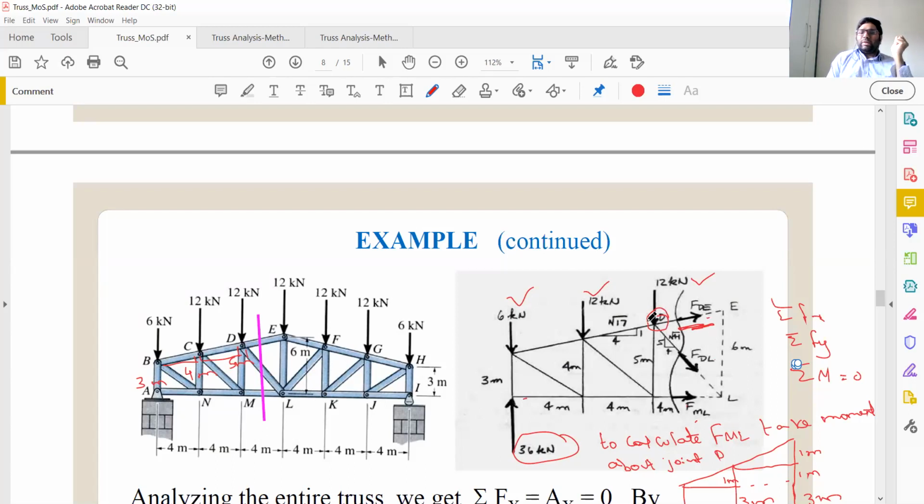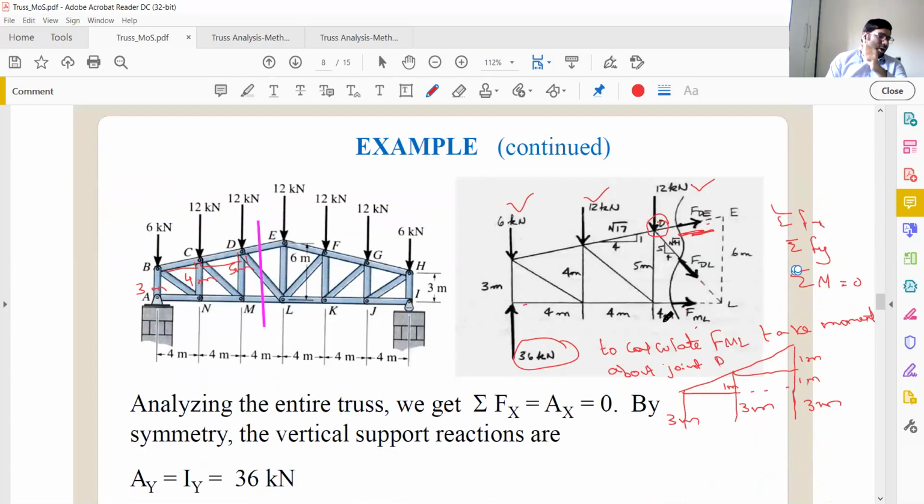So when we take this as immediate top D and clockwise positive, can you say what do we get? Sigma MD is equal to 0. What do we get? RA, that is 36 into, so clockwise positive, 36 into 8, isn't it?